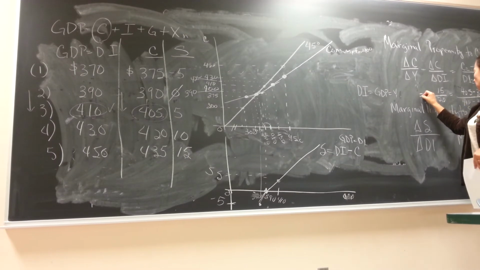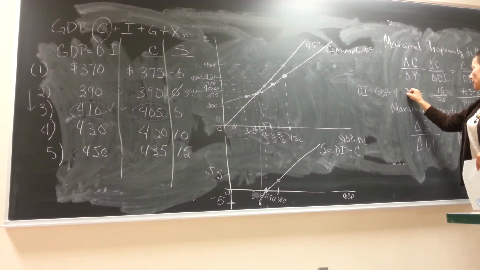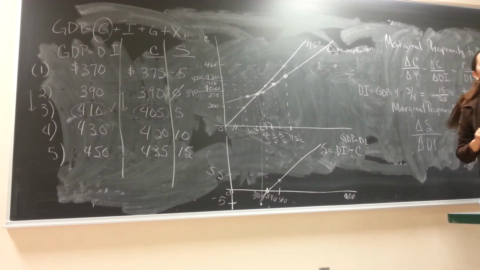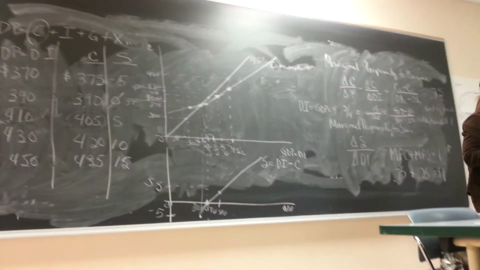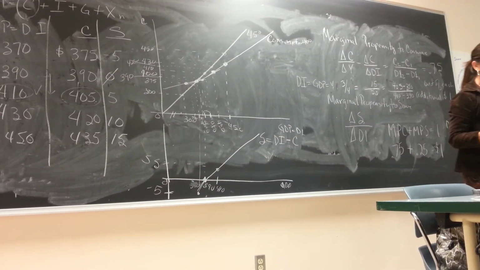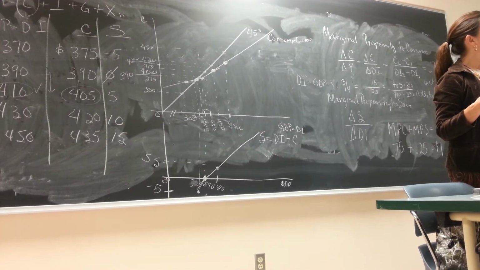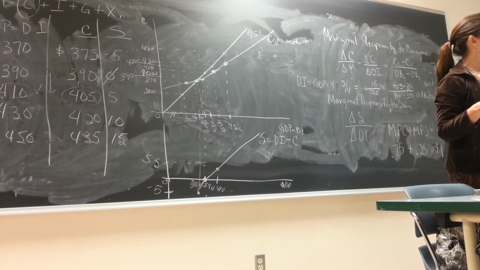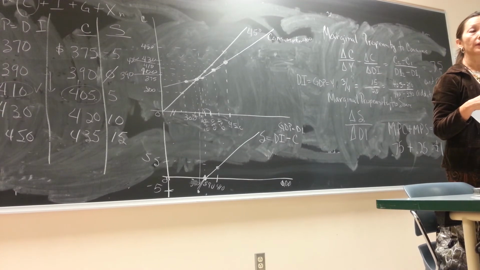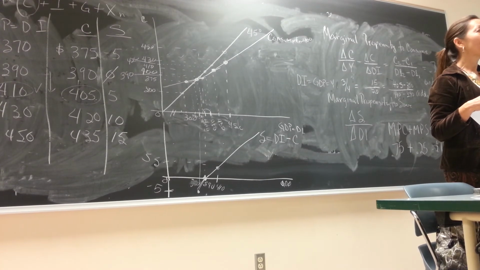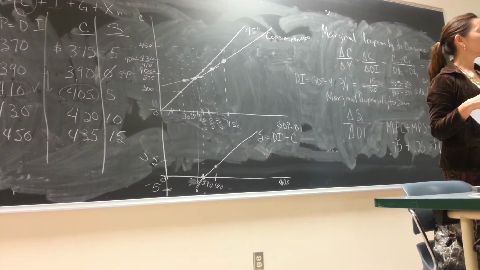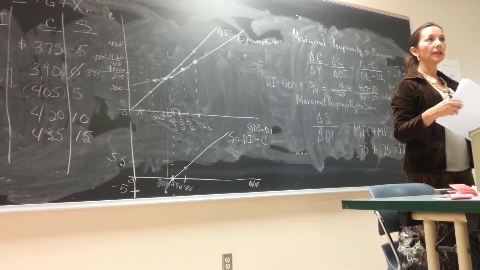What does that give you? 3/4. If you put that in decimal form, it is what? 0.75. Okay. So if you look again on that table in your textbook, 0.75 is our marginal propensity to consume. That means for each additional dollar that we got, we're spending 75 cents of that. 25 cents is going into savings.